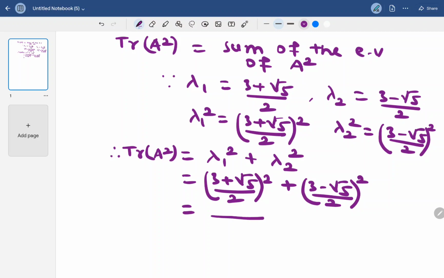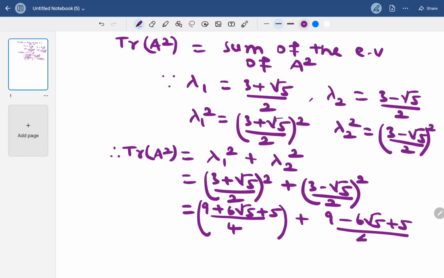We can write it as (9 plus 6 root 5 plus 5) by 4, similarly (9 minus 6 root 5 plus 5) by 4.